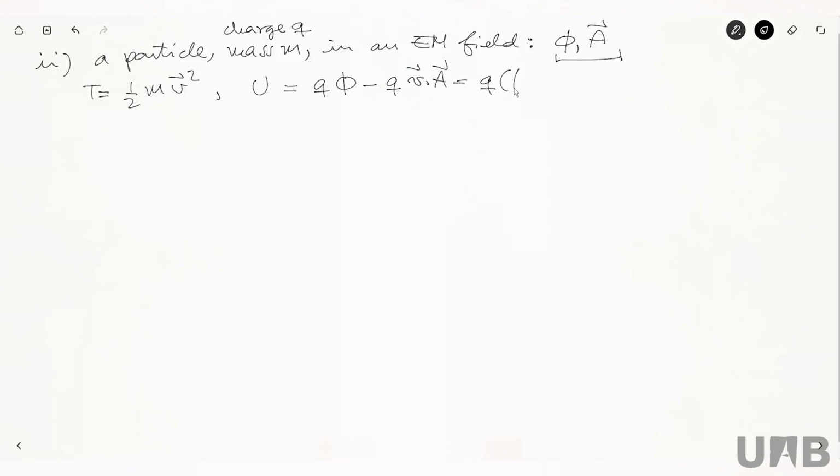This is the answer. This is now the potential energy for a particle of charge q moving in an electromagnetic field whose Coulomb component is phi and whose vector potential is A.